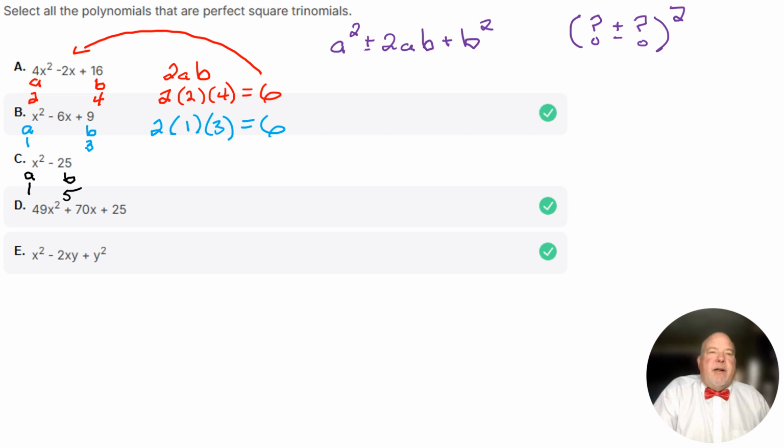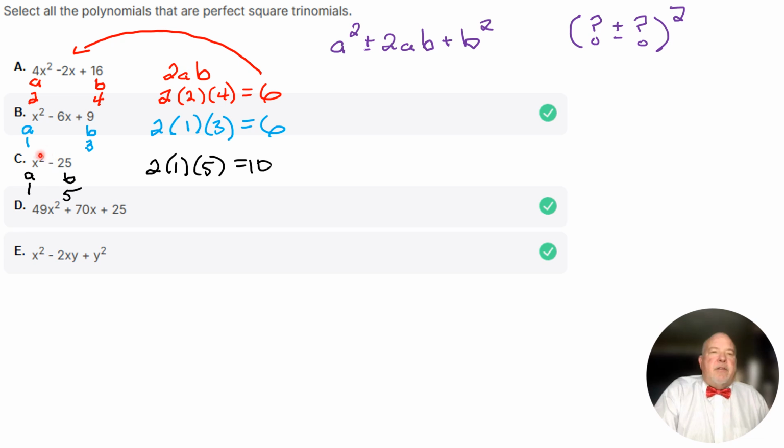Now, one thing I want to point out here, there is no number in the middle, so that means that number in the middle, the 2ab, is actually 0. So what I'm looking for is 2 times a times b to be 0. So 2 times 1 times 5 gives me 10. So that does not work. So that's not a perfect square trinomial.